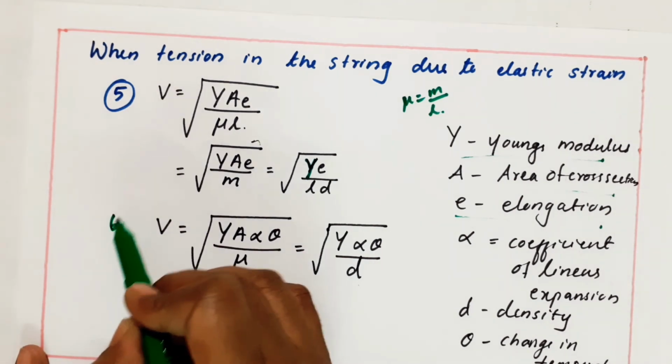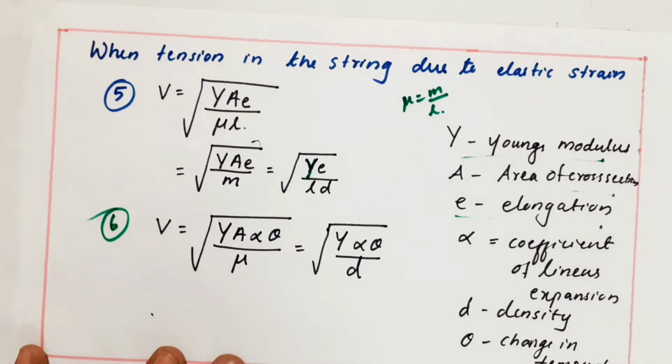But I have seen questions like this also. They can ask the speed related with Young's modulus as well as the coefficient of linear expansion. That is V equals root of YA alpha theta by mu. YA alpha theta by mu is equal to Y alpha theta by D. How is it coming?